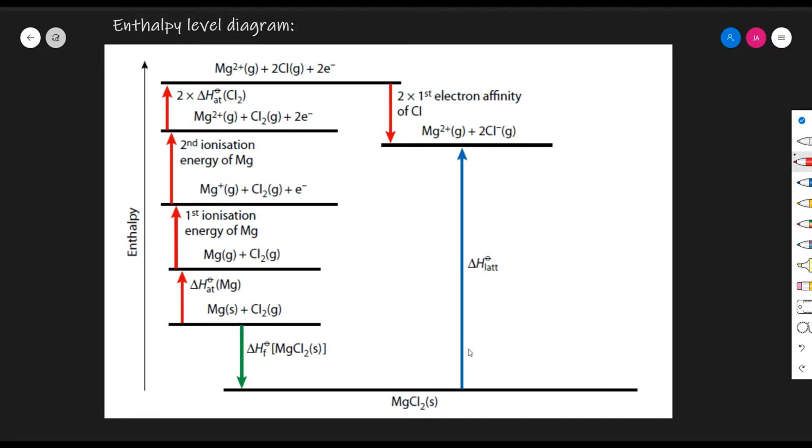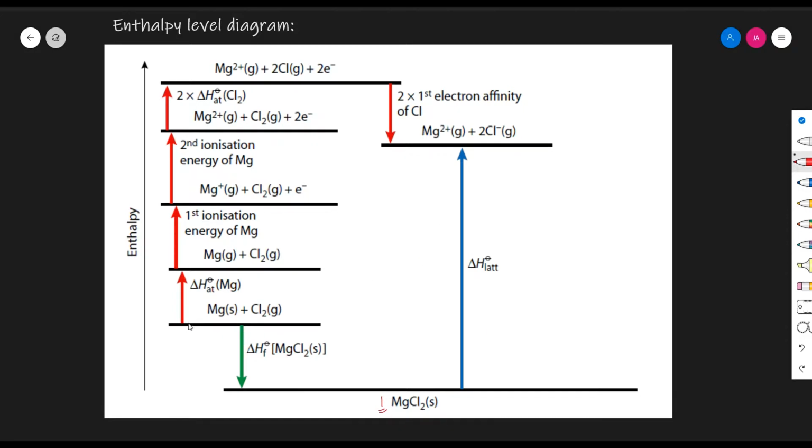I would draw the first arrow, which would be its lattice enthalpy, which is to convert 1 mole of magnesium chloride into its constituent gaseous ions, which in this case are magnesium 2 plus in the gaseous state plus 2 moles of chloride -1 ions in the gaseous state. And this process would be an endothermic process.